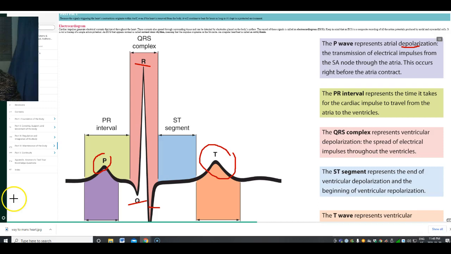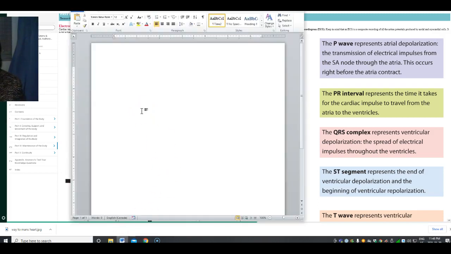Okay, a few words to describe some of the terminology we're dealing with. So when you have depolarization, this is the action of the electrical signal.